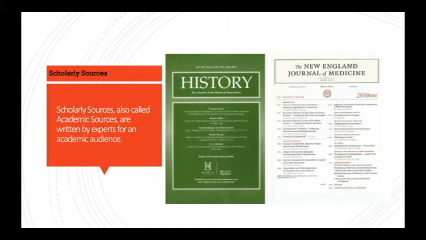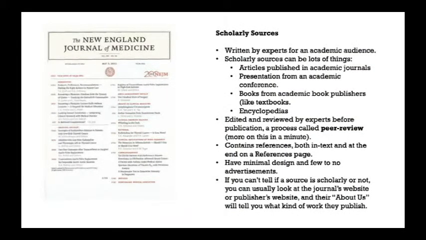These are both examples of scholarly journals. Usually, the authors are professors or people that work in that field, professionals that are experts in the field and know what they're talking about.